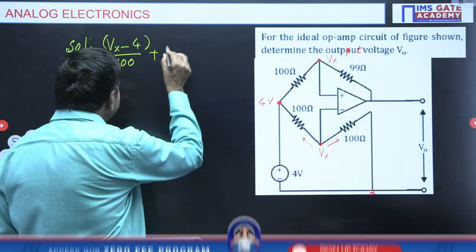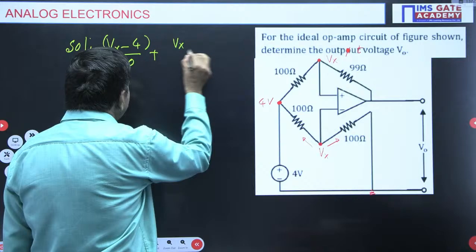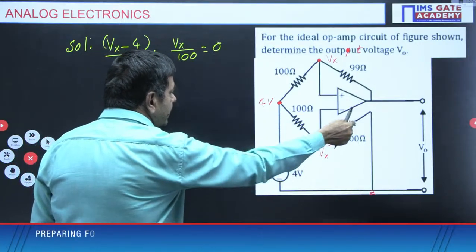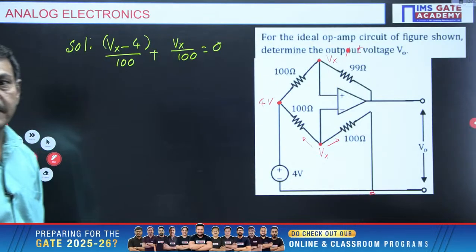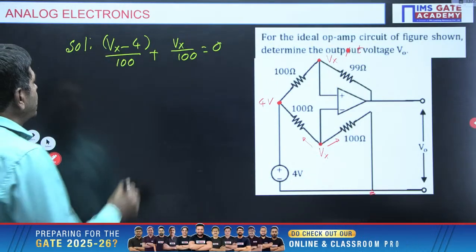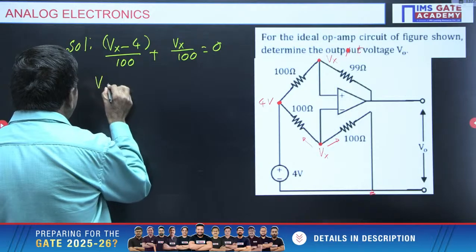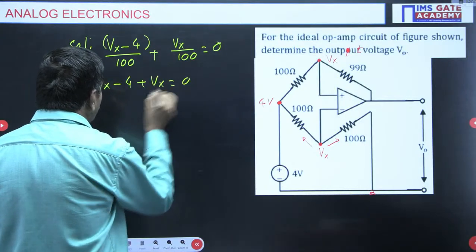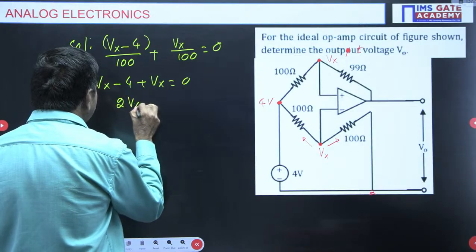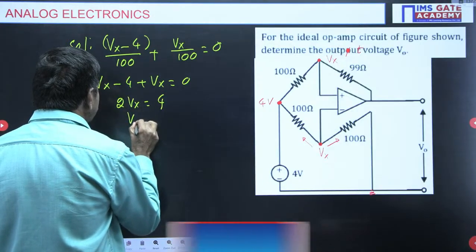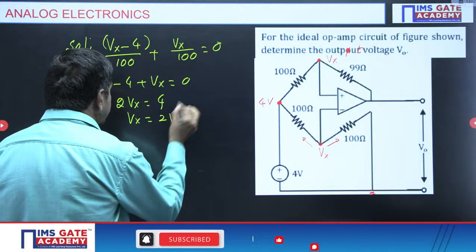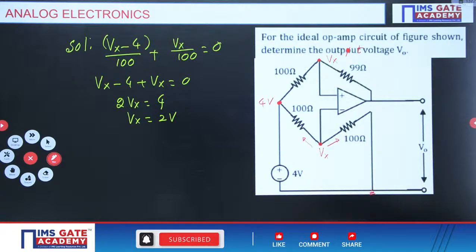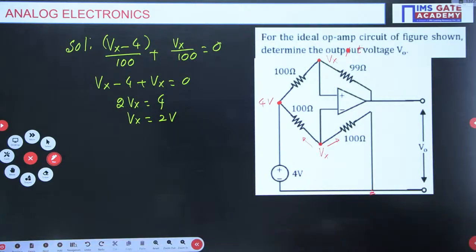This is equal to 0 because current passes only in two directions here. So 100 cancels: Vx minus 4 plus Vx equals 0. 2Vx equals 4, so Vx is 2 volts. Yes, we got Vx as 2 volts. Please note this down.